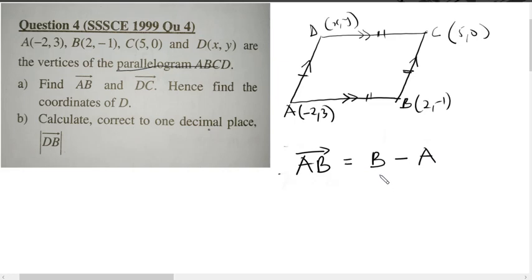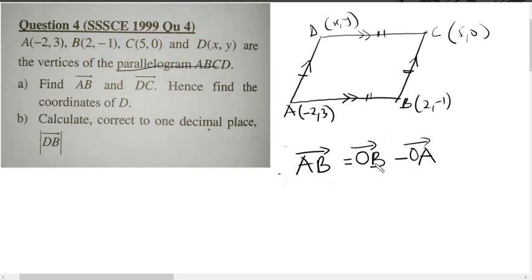And in vectors, when you use capital letters, we don't just write one capital letter, we use two capital letters. Each of these points is with respect to the origin. So instead of saying B minus A, we say the vector OB minus the vector OA.